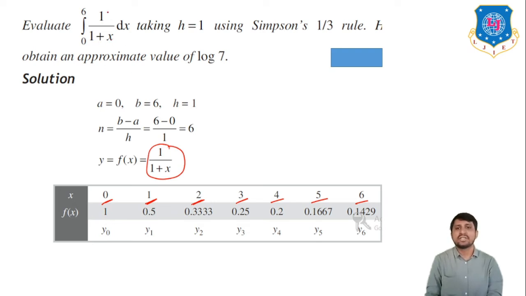Now f of x: take x equal to 0 here, so 1 upon 1 plus 0, so you will get 1.